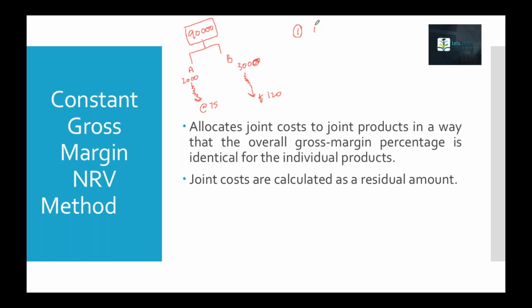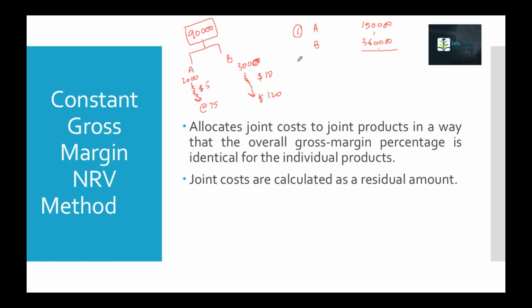Total sales value A, 75 times 2000, will give you 150,000. B, 120 times 3000, that is 360,000. And to get this price, say for example you spent $5 here, you spent $10 here.